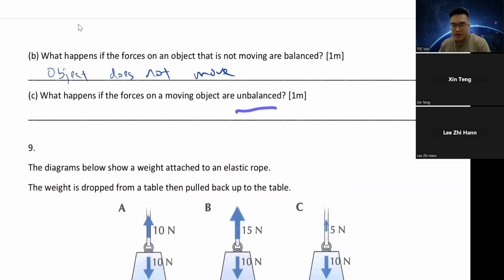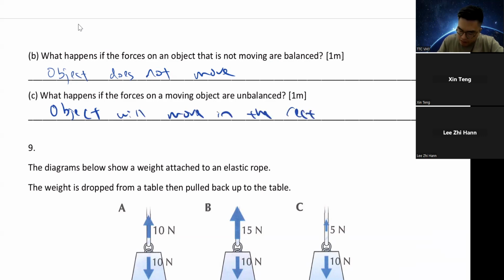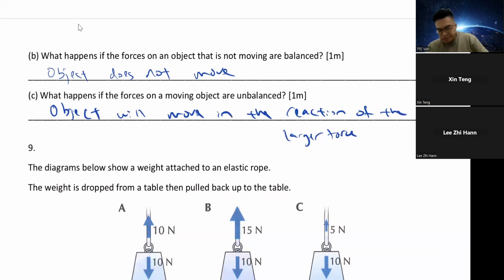If it's unbalanced or imbalanced, the object will move in the direction of the larger force. That means if my larger force is pushed to the left, this box will follow to the left. Because whoever is the winner gets to decide.